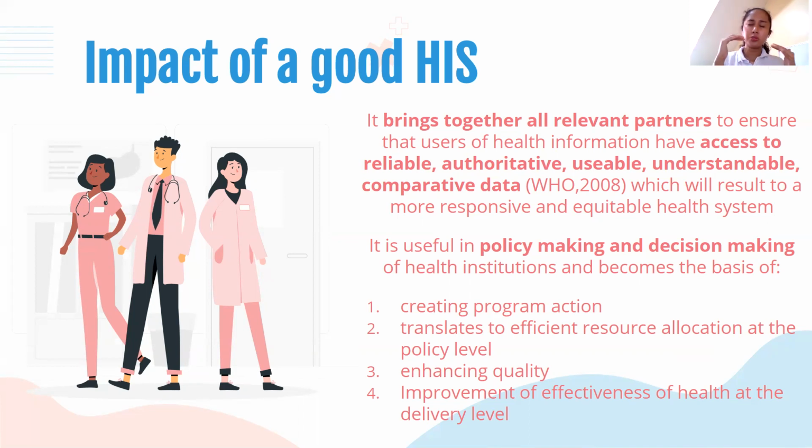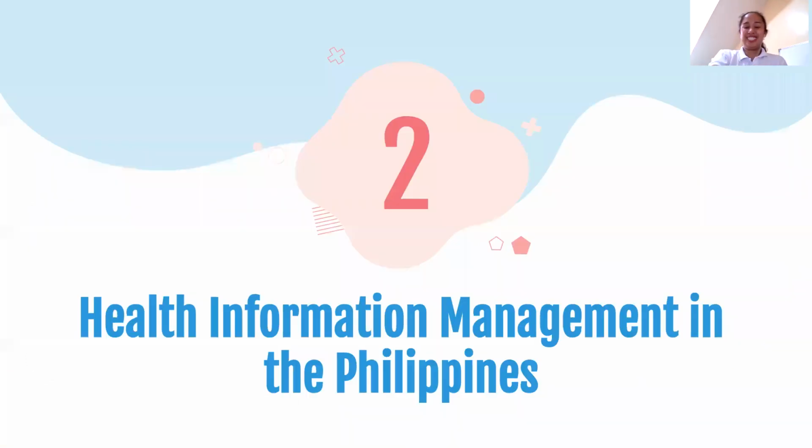So we can know what facility to prioritize, and where we should allocate and distribute our resources. Class, napakaganda ng health information system. Number three, enhancing quality and improvement of effectiveness of health at the delivery level. So we can improve our health programs. We need a good health information system. Love it.